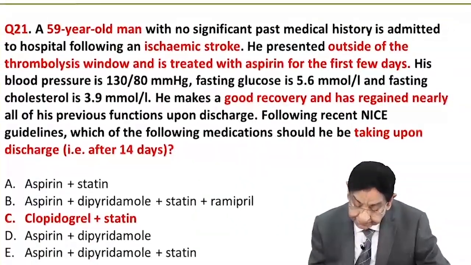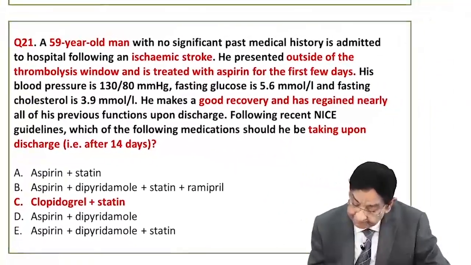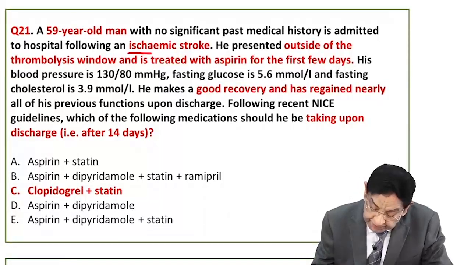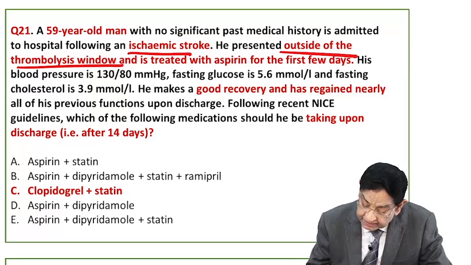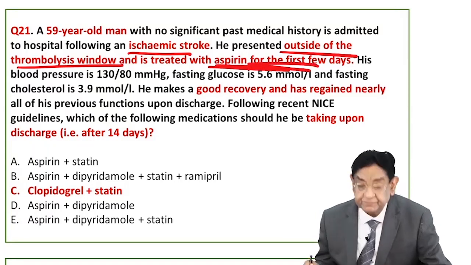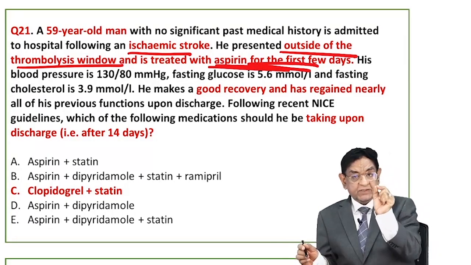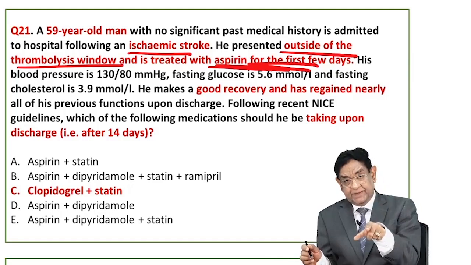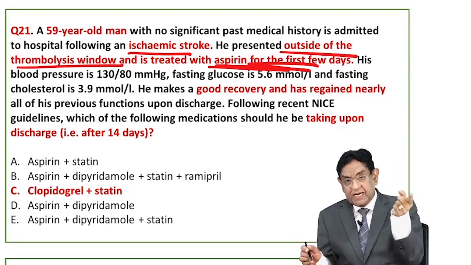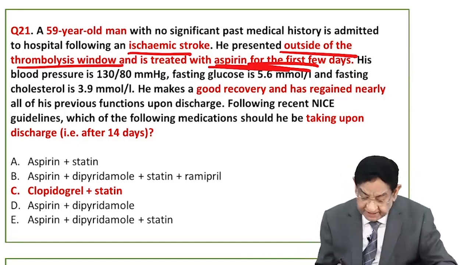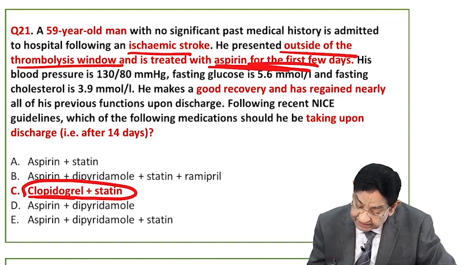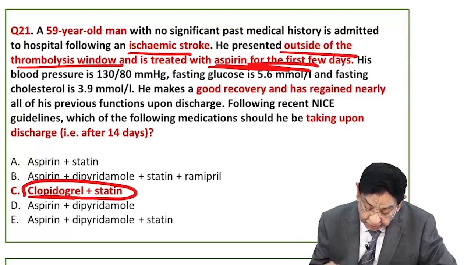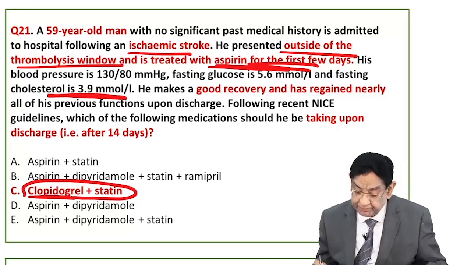Question 21. Ischemic stroke patient, and he has come outside the thrombolysis window. Started with aspirin. Remember, the first drug is always aspirin. But when we plan to discharge for secondary prevention, the answer is clopidogrel and statins. Why? Cholesterol level is 3.9.